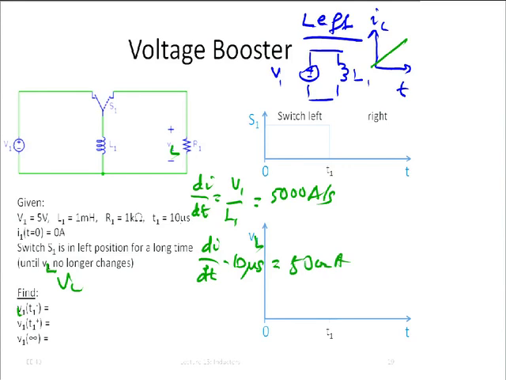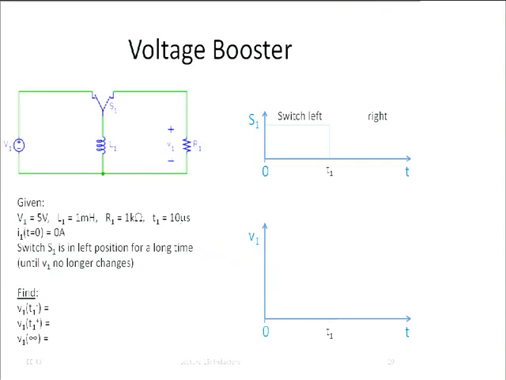All right. So now we already know that the current at this time, the current in the inductor, is equal to 50 milliamps. Okay, that's just before we flip the switch.